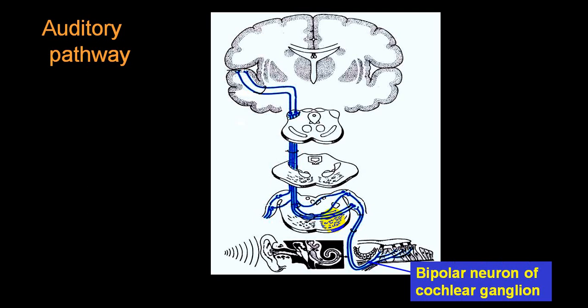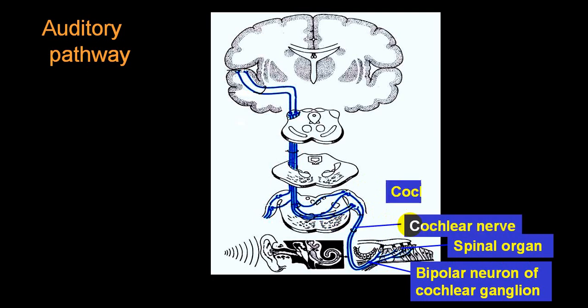So this is regarding the auditory pathway. This is a bipolar neuron in the cochlea, which will ascend up and end in the cochlear nucleus. This is the cochlear nerve, or cochlear part of the 8th cranial nerve, so it will carry the sensation of hearing to the cochlear nucleus.